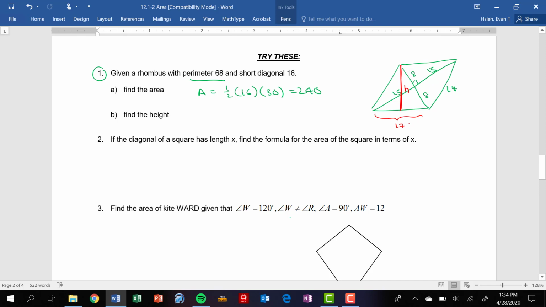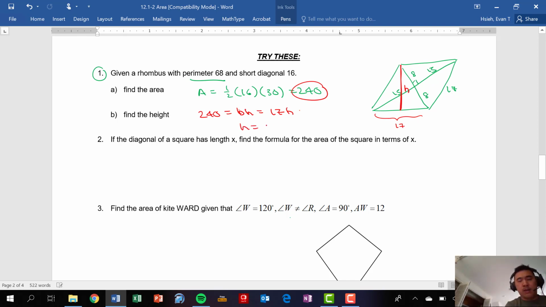We know the area is 240, so we can back our way into this height using the fact that it's a parallelogram. So 240 is the area of a parallelogram, which equals the base times the height. We know the base is 17, and we can find the height from that. So the height ends up being, if you want an exact answer, 240 divided by 17. And that'll be the height.